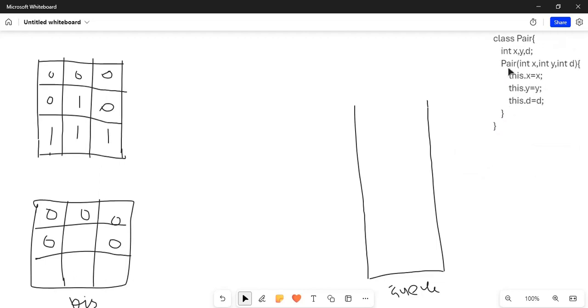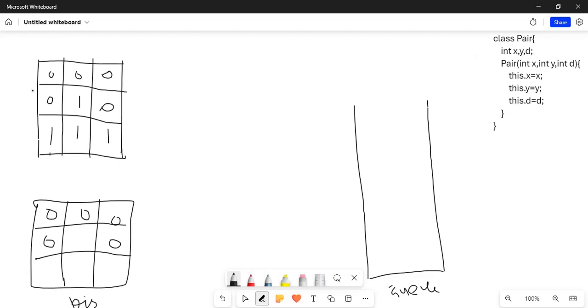Let's make one pair class that will store the index x, y, and d, that means variables x, y, and d. This x y is the row number and column number, and d is the nearest distance for that x y.